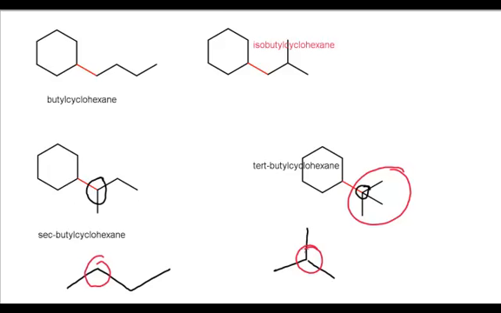So that's what I mean when I say tert-butyl. It's not that in this molecule, this is not a tertiary carbon, it is a quaternary carbon. So just to avoid any confusion on that point.